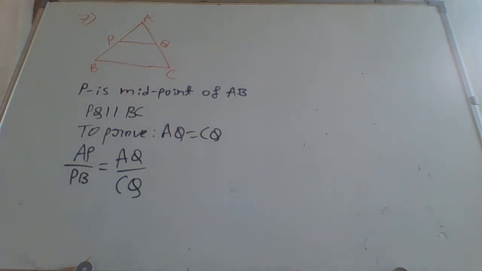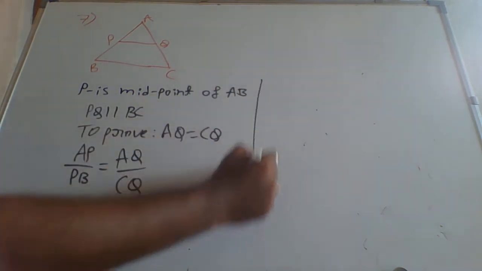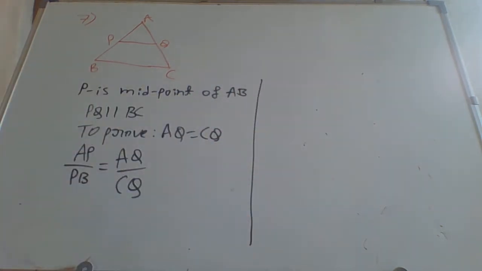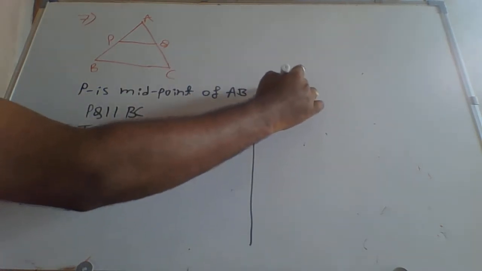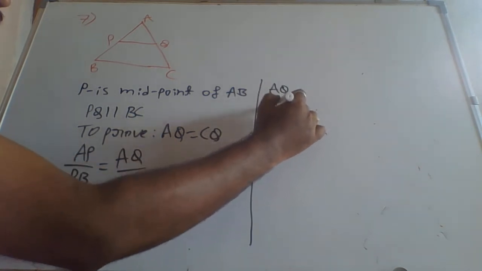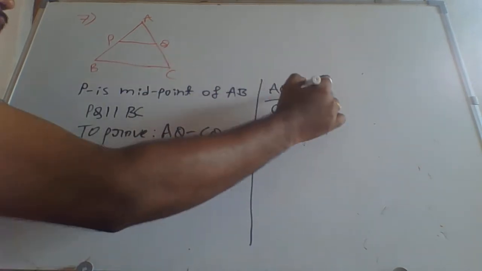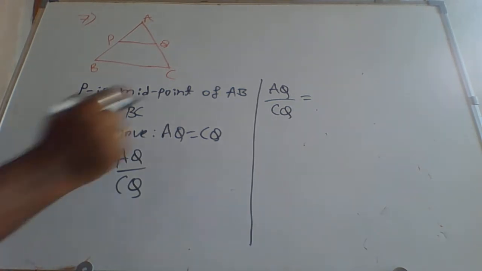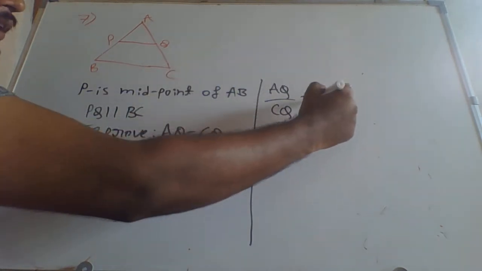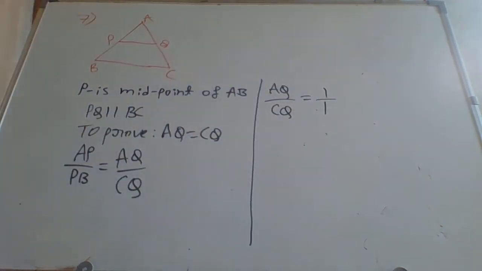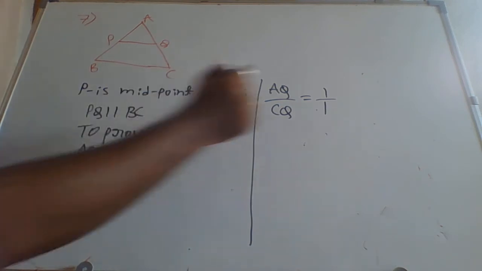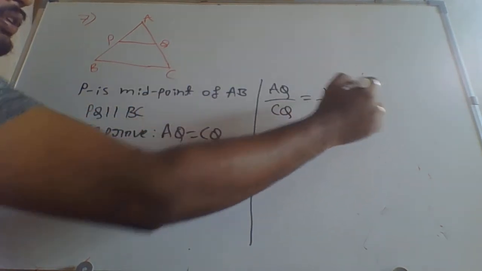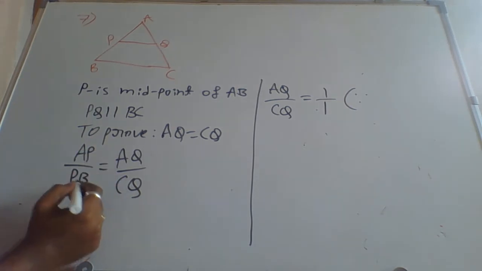Now AQ by CQ is equal to AP by PB, and here I will directly write 1 by 1 because AP is equal to PB.